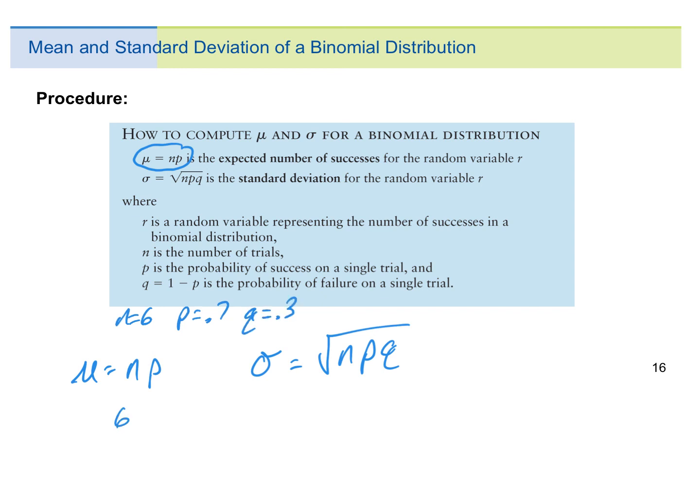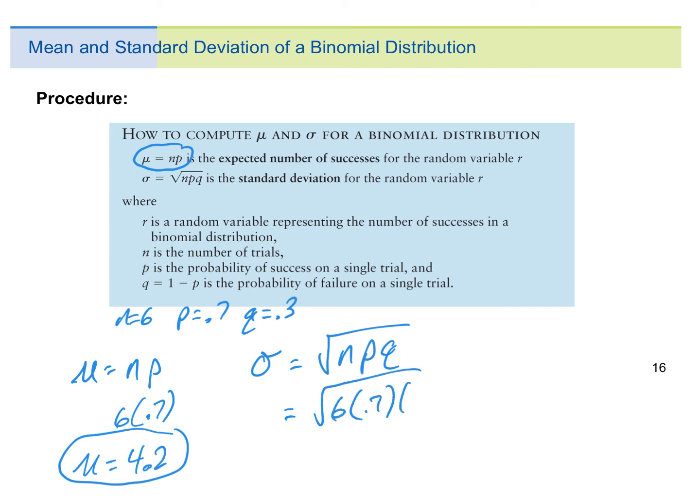With n 6 and p 0.7, the mean, which is the balancing point, is 4.2. And the standard deviation is the square root of 6 times 0.7 times 0.3. Plug that into our calculator and we get 1.122.